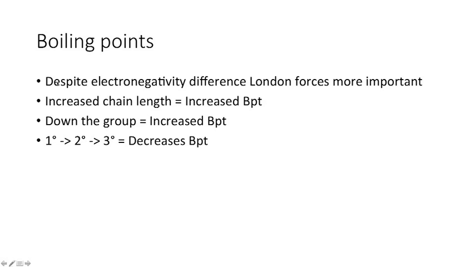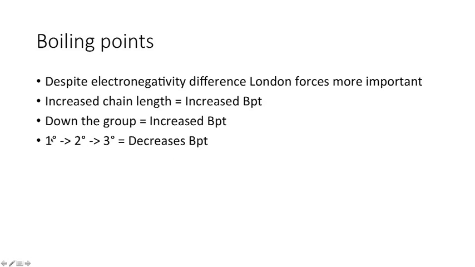A little bit about the boiling points here. Despite the electronegativity difference, the London forces are more important in this instance. So an increased chain length will mean an increased boiling point, because if you've got more carbons, you'll have more electrons, which means you'll have stronger London forces, therefore more energy required to break them. Down the group you'll have an increased boiling point also, because there's more electrons, stronger London forces, more energy required, same way.